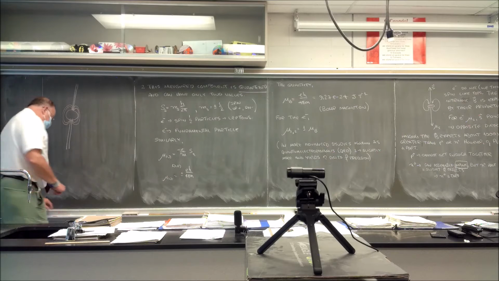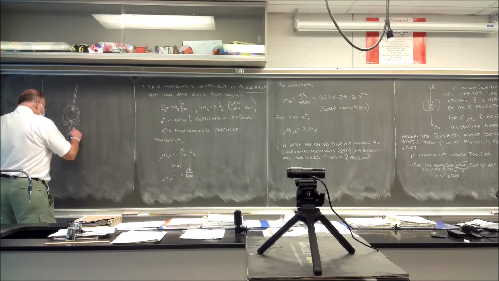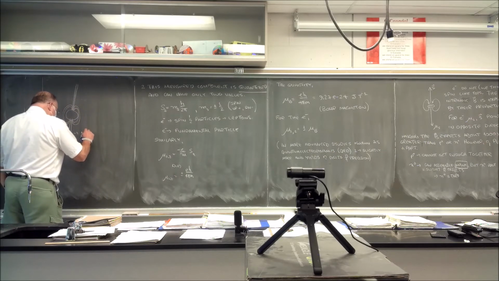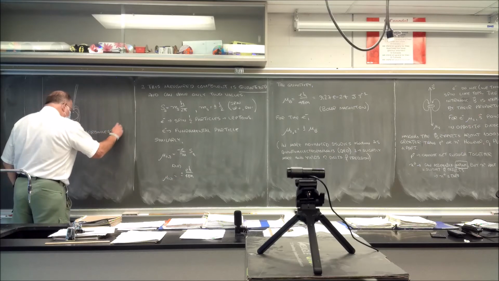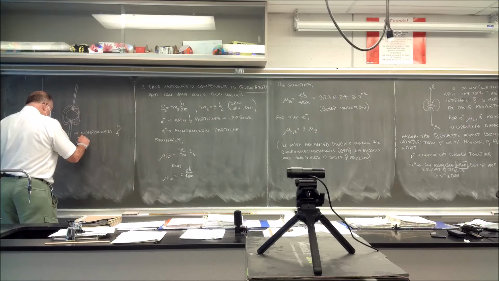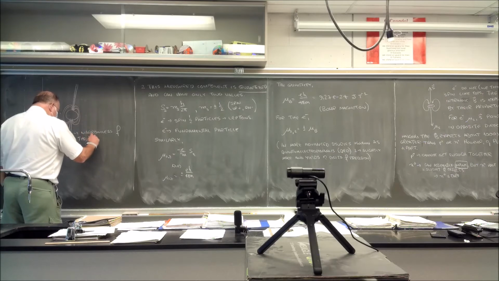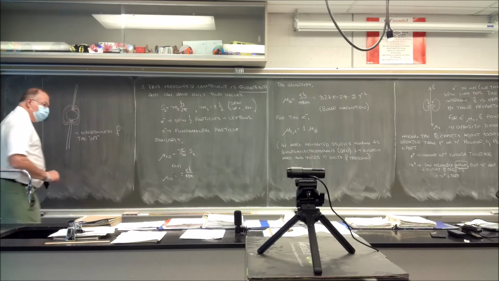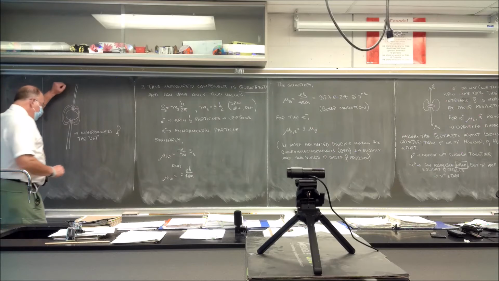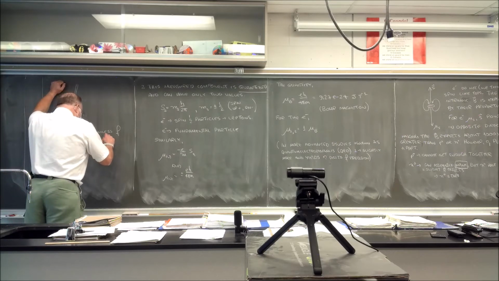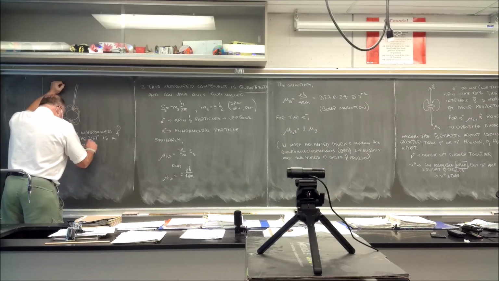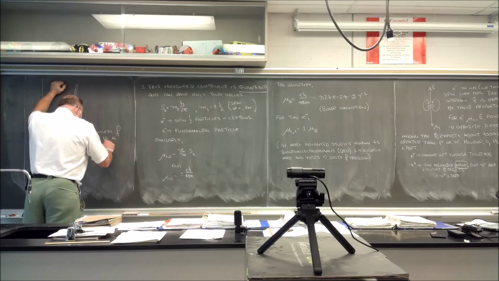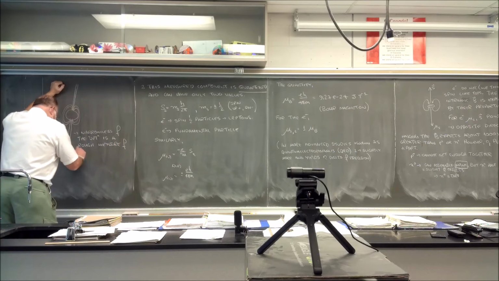So the narrowness, if you will, of the, and I love to call them jets, but you know, whatever you want to call it, is a rough measure of magnetic field strength.